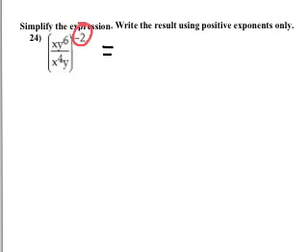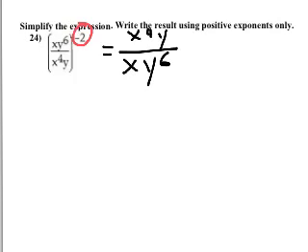All we do is flip this fraction over and put x to the 4th y in the numerator and x y to the 6th in the denominator, and then we can change the exponent to a positive one, right? And then after that's a positive exponent, you can see that this is the base. This base is times itself twice.